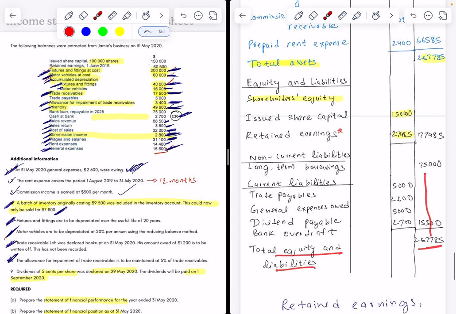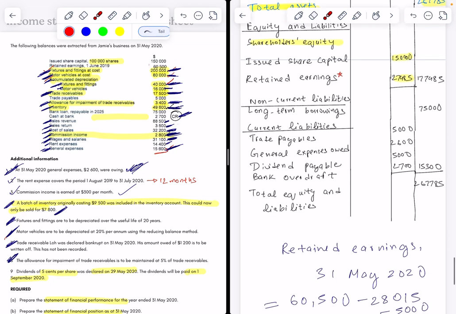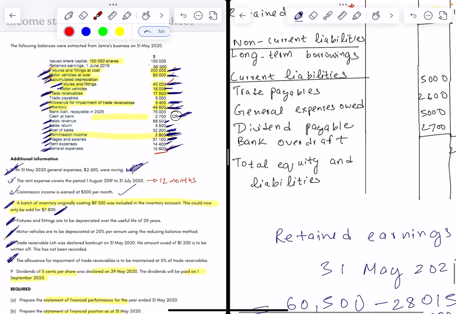That is a 100% match with the total assets, and therefore you know that you have done your math correctly, given that you have included all the information, which is something you can justify by ticking them off as you use them.